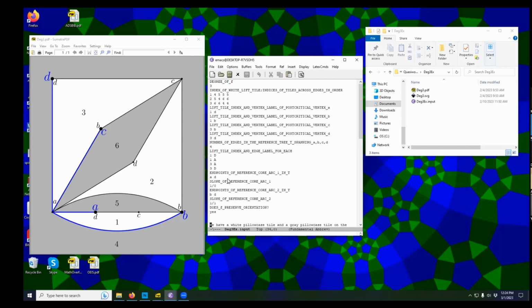These segments cannot be parallel core arcs. So in this tree, we're choosing the segment with endpoints A and D. So post-critical vertex A, post-critical vertex D, and yes, the segment in the tree is a core arc, and we decide to say this core arc has slope infinity.